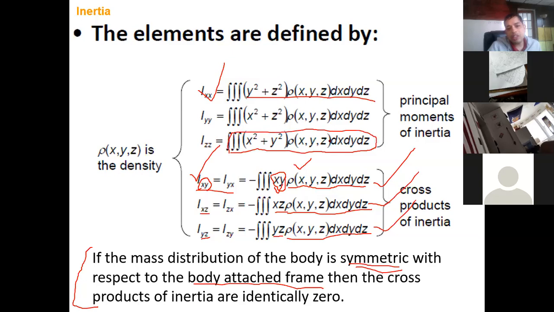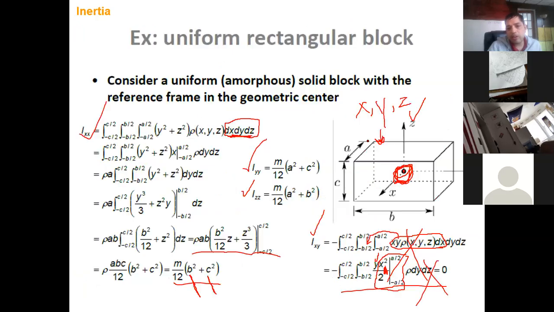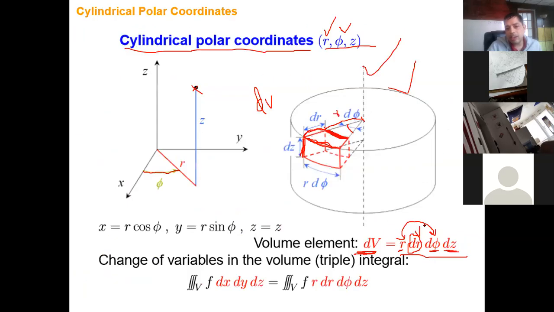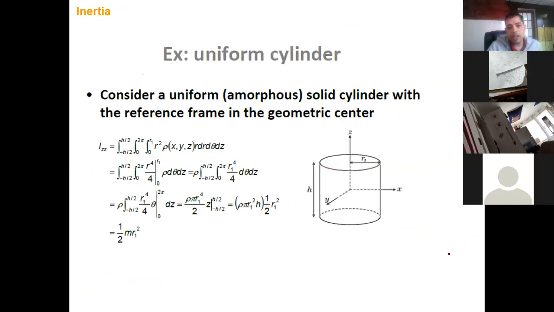Instead of dx dy dz, we have to plug in this value here. That's the only difference. So I wrote r dr d theta dz, that's my dx dy dz. Then rho is there.